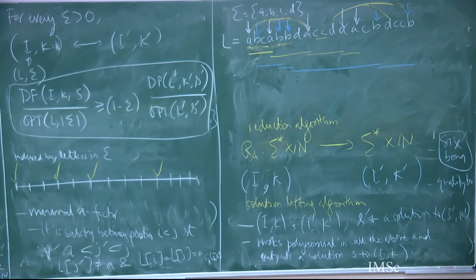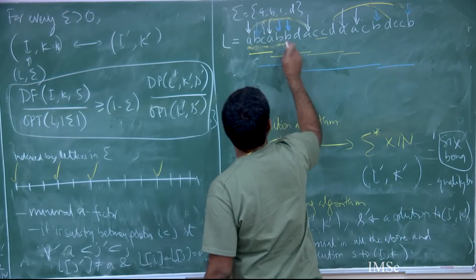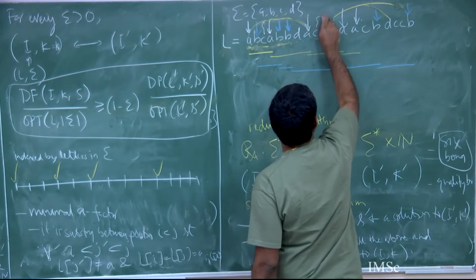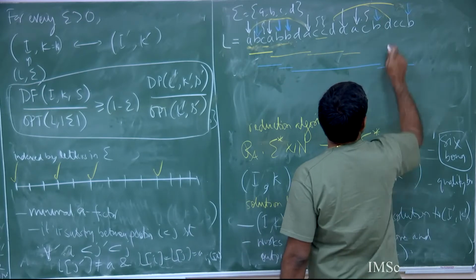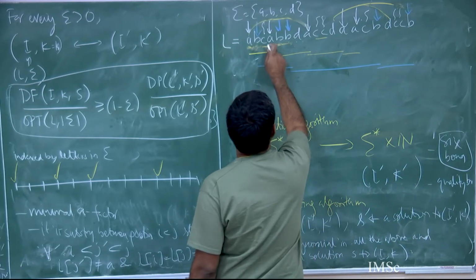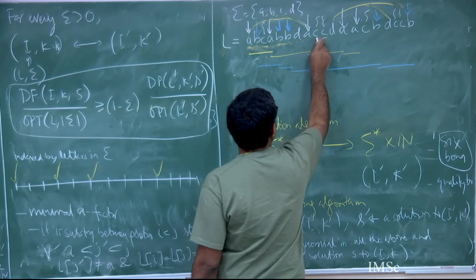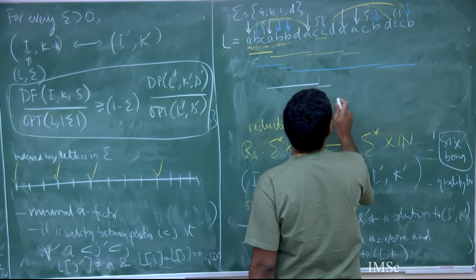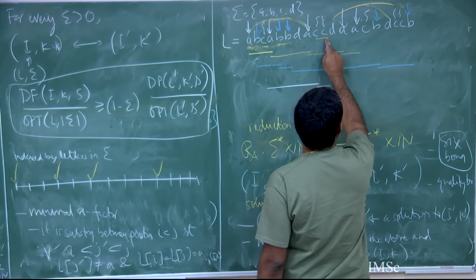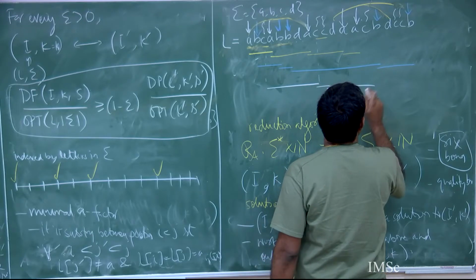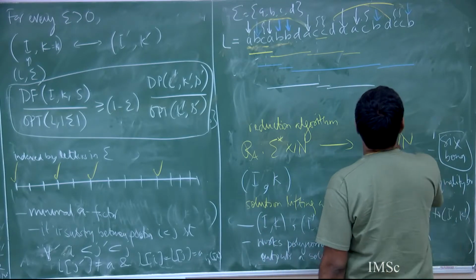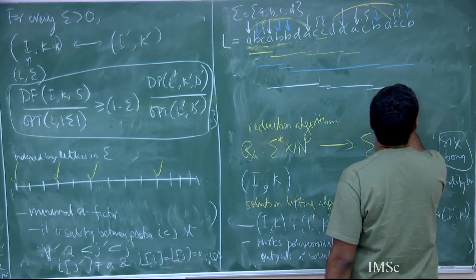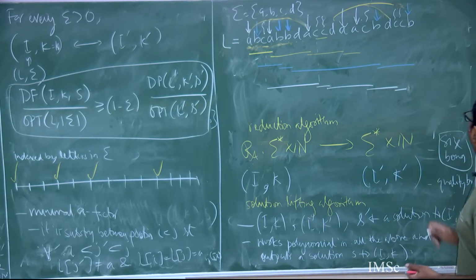Now let's say C. C is here, C is here, C is here, C is here, C is here. So I start from here and I need to go here. So C, then another C, and C, C, another C, C. Now let's look at D.